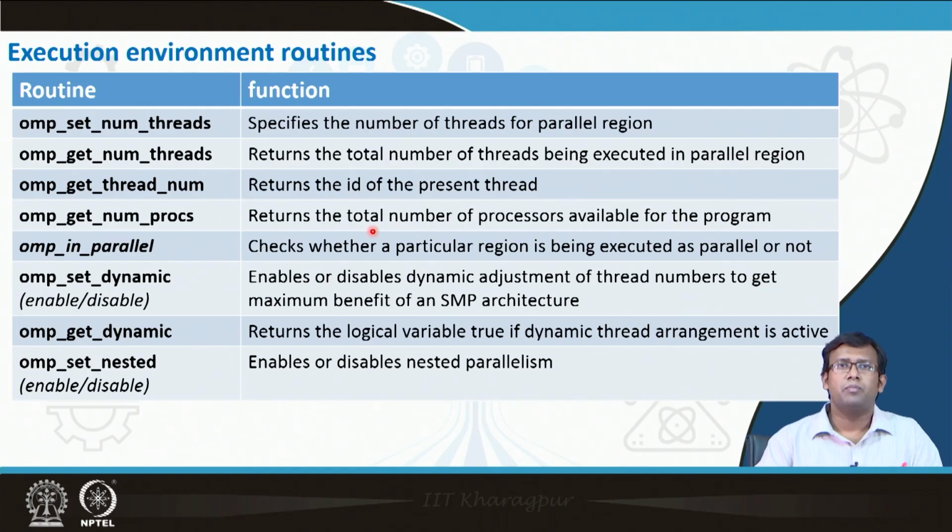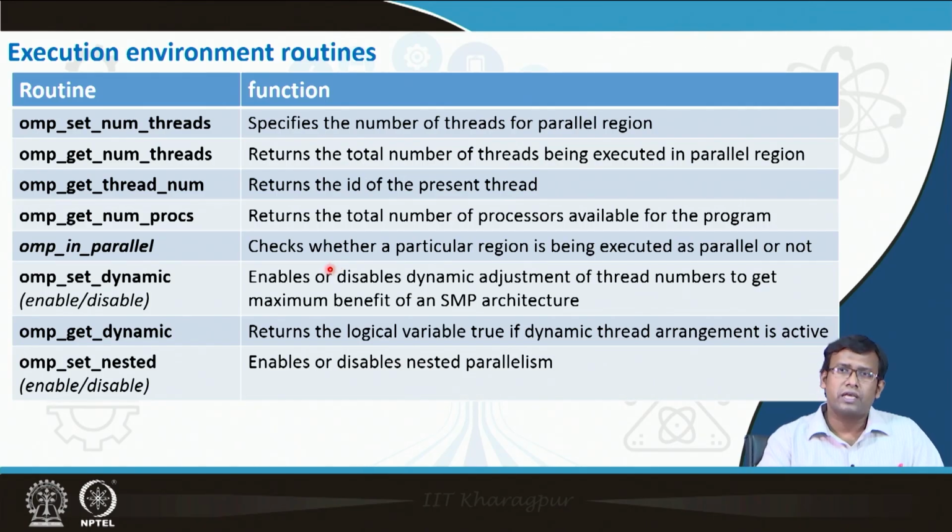Similarly, another important environment routine is OMP in parallel. We know that an OpenMP program has both parallel and sequential components. There is a master thread which is active throughout. When you come into the parallel part, it forks to multiple threads. Once the parallel part ends, the threads join, and again the master thread is active.